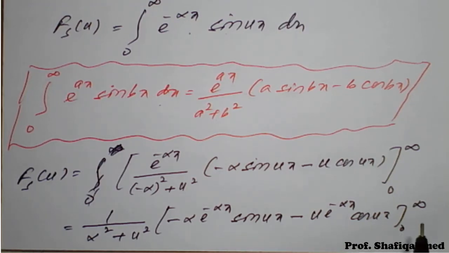One thing I want to say clearly, and I will skip that step: if you replace x with infinity, e raised to minus alpha into infinity will be e raised to minus infinity, which is nothing but 1 upon infinity, which is completely 0. If you apply the upper limit, both the terms will become completely 0. Then we will think directly about the lower limit. So the upper limit is infinity.